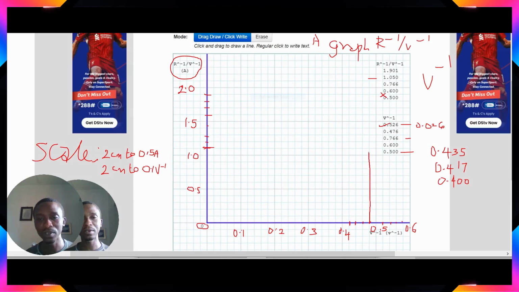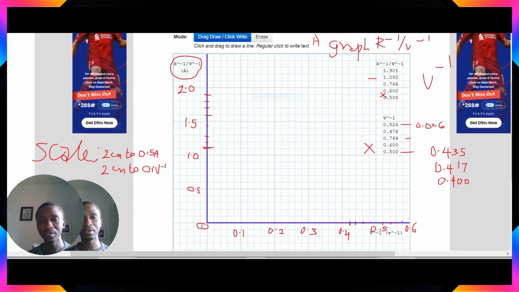So if you look at here, then this one is coming like this. So then here is our point. You can use multiplication, you can use addition, you can use dots to mark your point, but don't use asterisk.